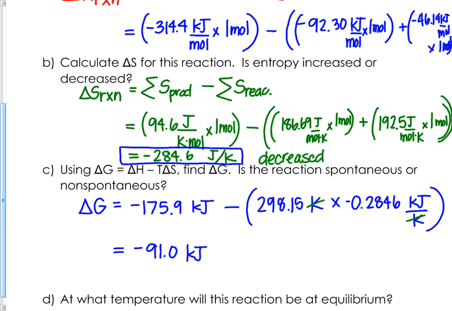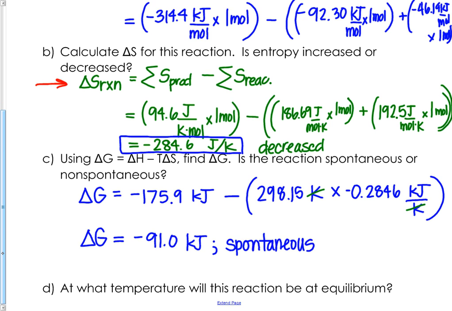And so the question is asking us, is this reaction spontaneous or non-spontaneous? Well, when delta G is negative, the reaction is always spontaneous. Now you could go through and find delta G like we did the other two quantities by summing up the products and subtracting the reactants, and you should get very close to the exact same answer.